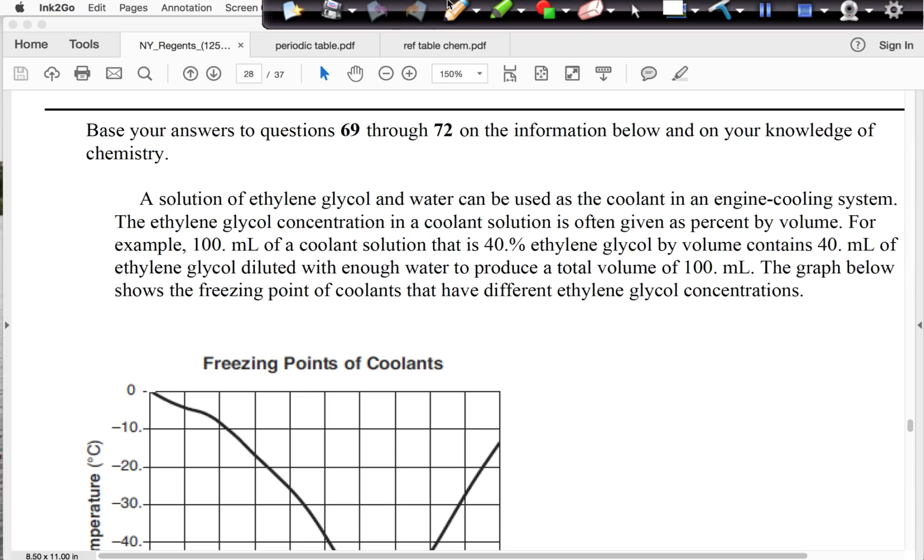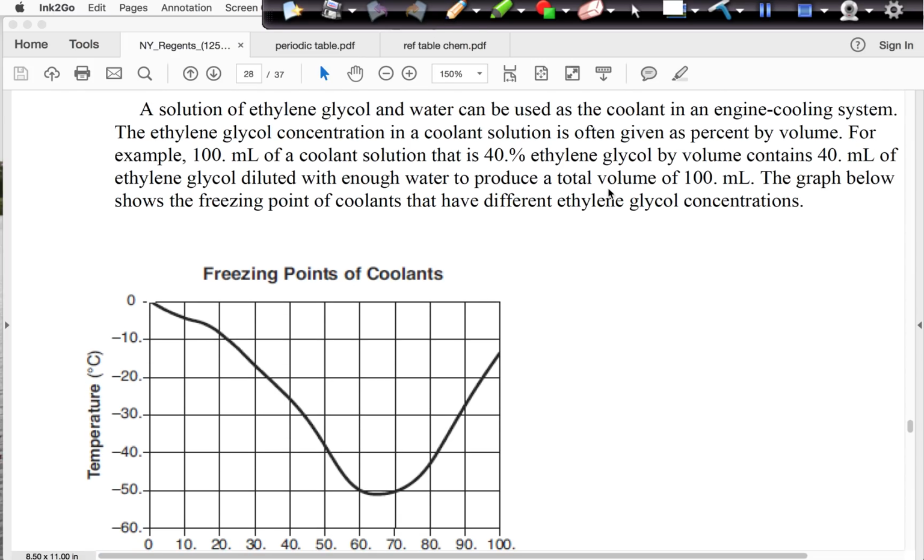For 69 to 72, it's based on the information below and your knowledge of chemistry. Again, notice that you're wanting to reread this for each question, 69, 70, 71, 72. It says a solution of ethylene glycol in water can be used as the coolant in an engine cooling system. The ethylene glycol concentration in a coolant solution is often given as percent by volume.